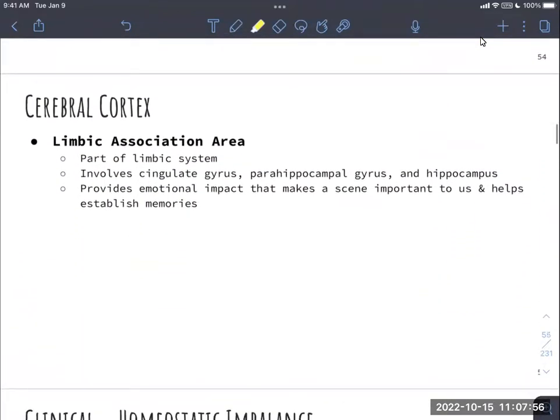How about that limbic association area? Well, limbic is part of that limbic system. So it's in what's called the cingulate gyrus, the parahippocampal gyrus, and the hippocampus. That is the part of the brain that it is located in. Emotional impact.